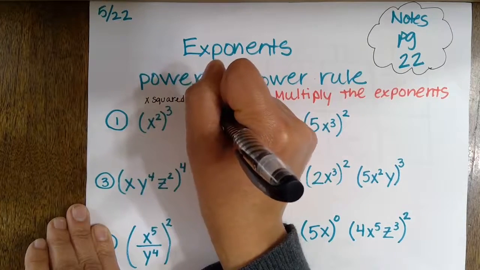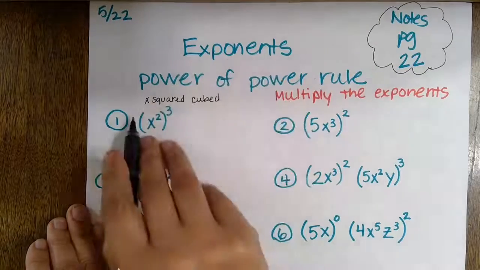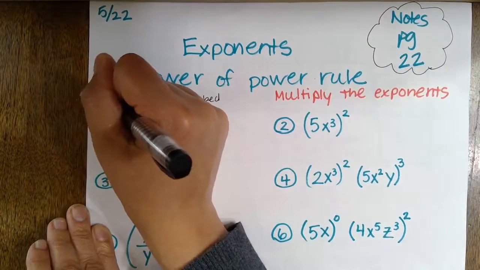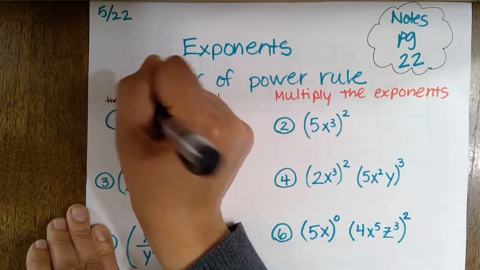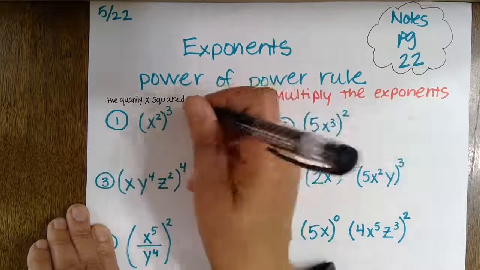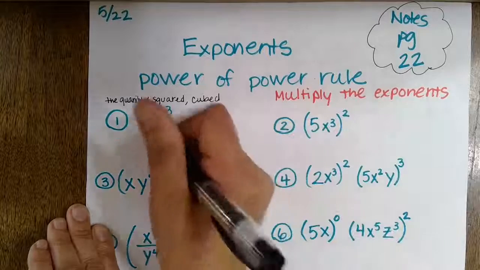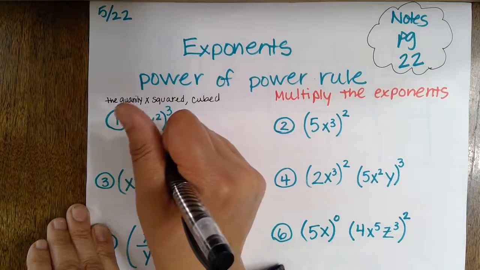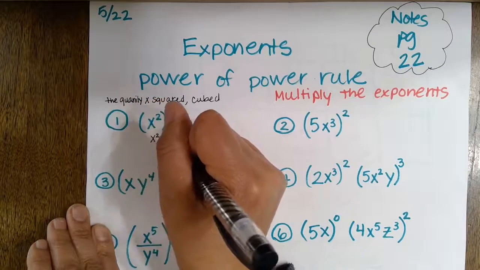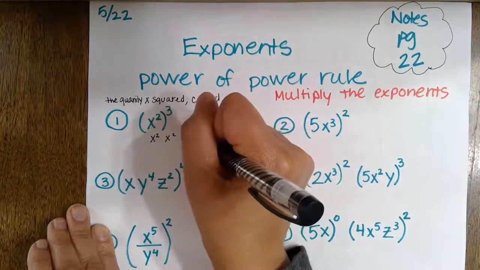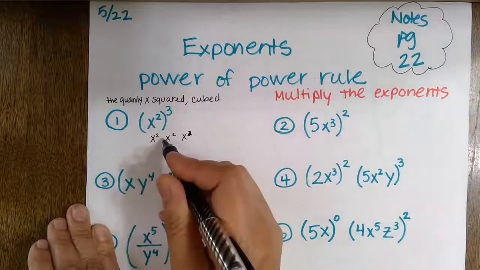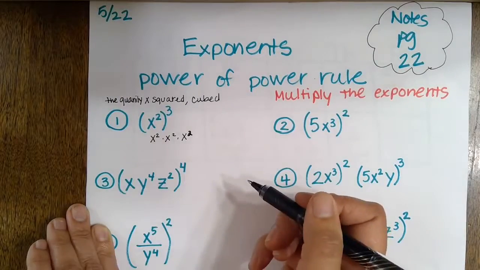cubed. Or you could say the quantity, sometimes referred to as parentheses. So the quantity x squared cubed. That means that you're taking x squared and you're rewriting it 3 times. Okay, x squared times x squared times x squared.